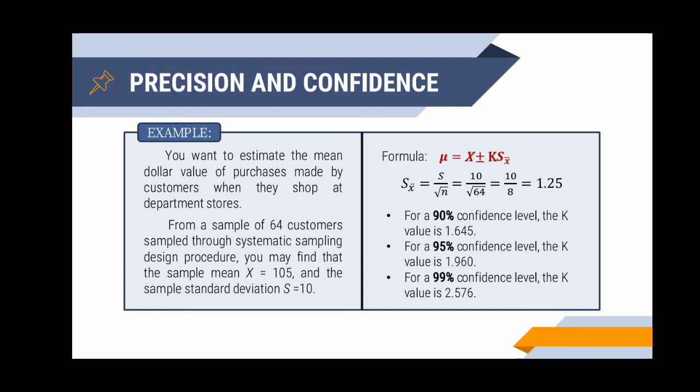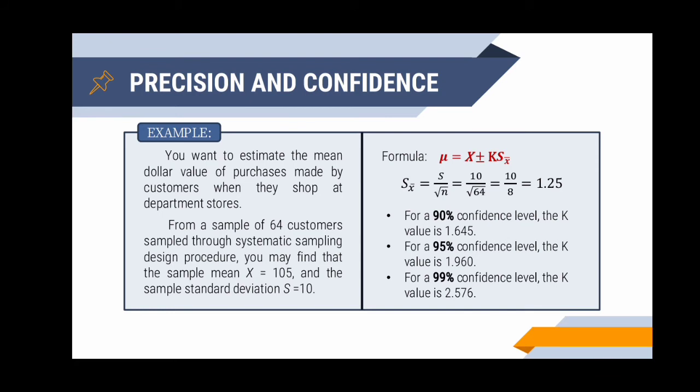Kapag population standard deviation, fixed value yan na calculated from every individual in the population. Kapag naman sample standard deviation, it is statistic, meaning calculated from only some of the individuals in a population, kaya sample. I hope clear tayo doon.